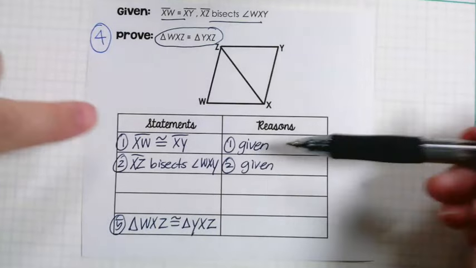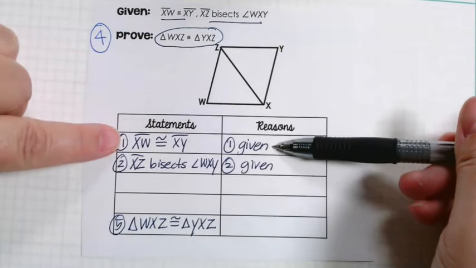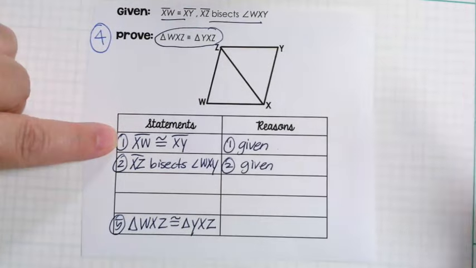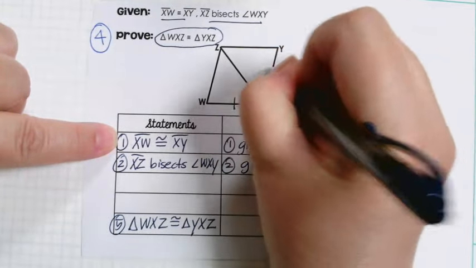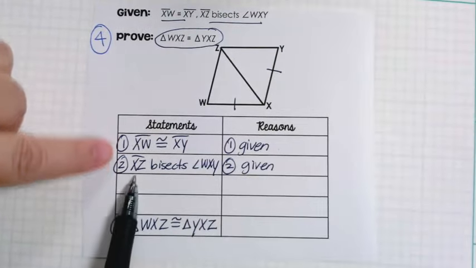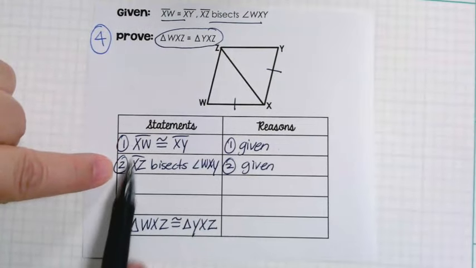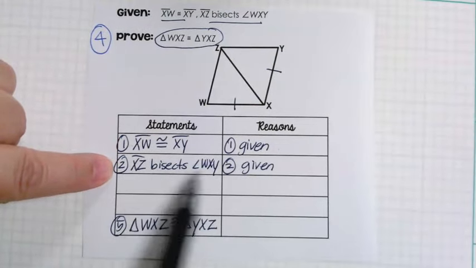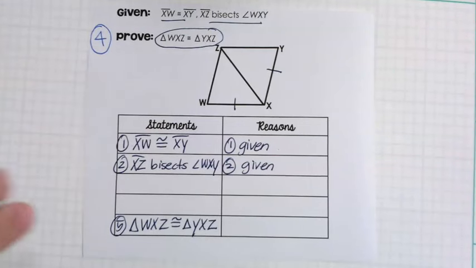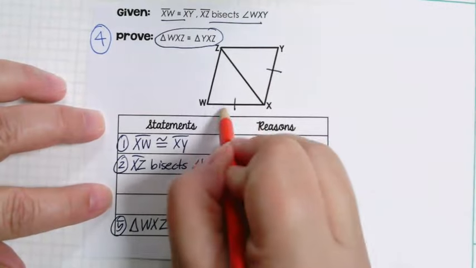All right, so let's go back and actually go through it and see if we can understand it. Segment XW is congruent to segment XY. All right, I marked those as congruent. Great. Okay, then I've got segment XZ bisects angle WXY. If you bisect an angle, let's look at this angle.